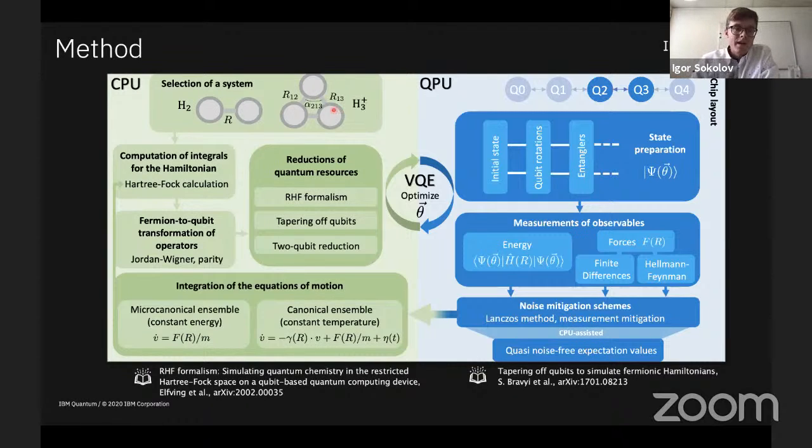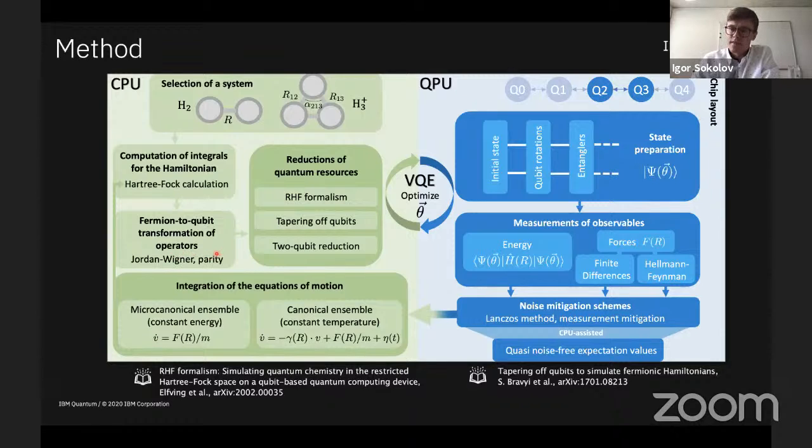We start by using a classical driver, such as PySCF, which runs a Hartree-Fock calculation and computes the integrals. This in turn allows us to write the Pauli strings which correspond to our Hamiltonian and allows us to measure the energy of the system. We can use this with parity mapping or Jordan-Wigner.